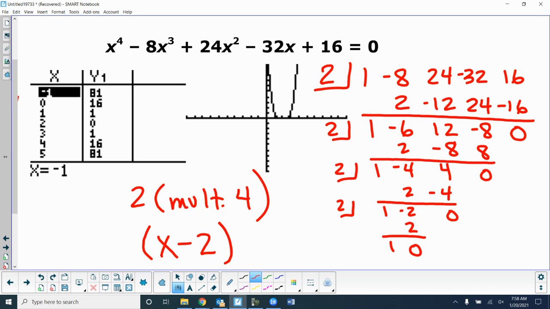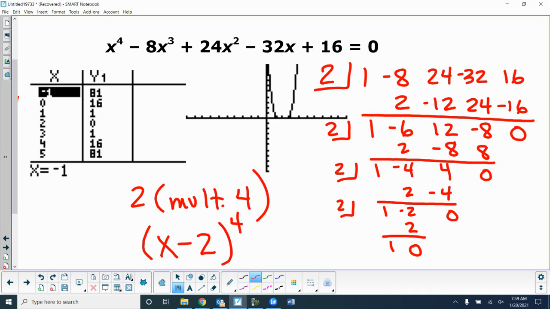So that's the factor, right? You guys know if you have a factor like that, that 2 is the 0, right? You set it equal to 0. But what's my exponent? So if I did x minus 2 to the 4th, I would get what I started with. Okay, you don't have to do that part.